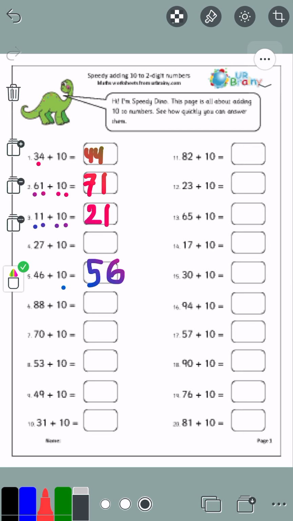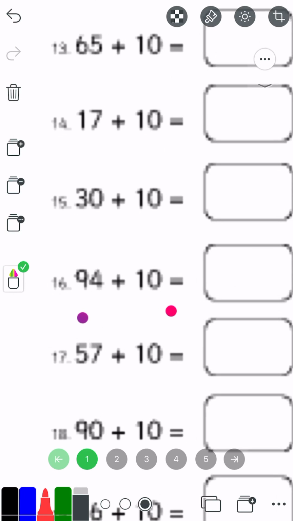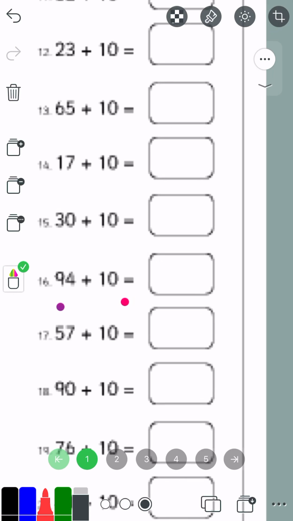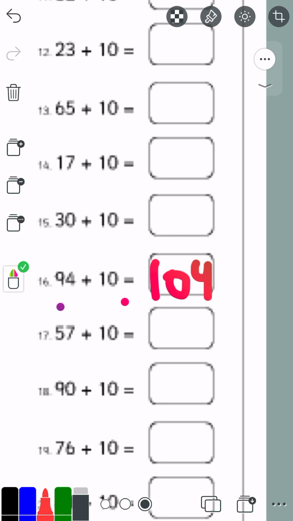Count on from 94 plus 10. 94 plus 10, look, 0 plus 4 equals 4. 1 plus 9 equals 10. Or you can count on 10 from 94. After 90, we have 100. So 100, and we have 4 in the units, so we write 4.